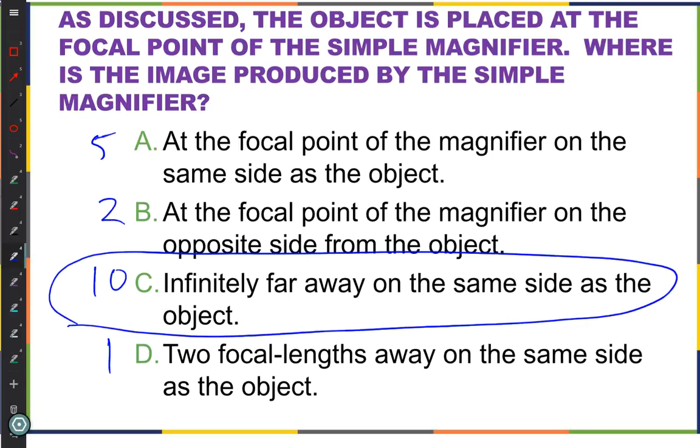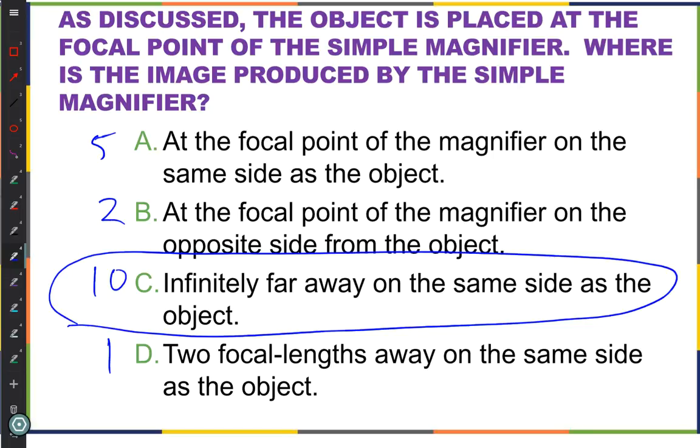Because your eye can relax for viewing. So it's about the relaxation of the eye. What would give you the biggest magnification? If you bring it closer so that the image is formed at your near point, that's going to be the biggest magnification possible. But then you have the eye strain.